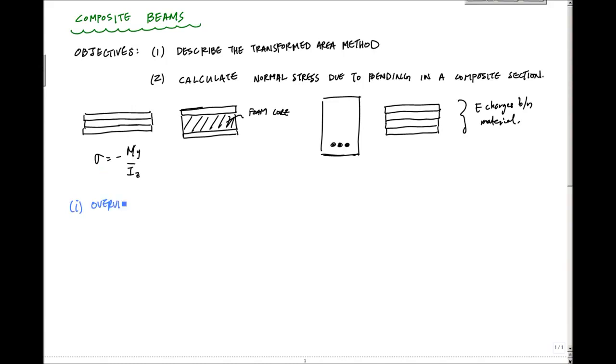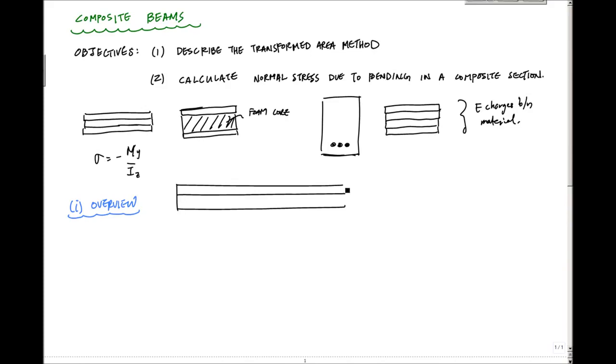Let's take a beam that has two layers. If I looked at the length of the beam, I'll just draw a beam here, and it's got two layers of material. I don't know exactly where it divides unless I design it, but it's got two materials, material 1 and material 2, simply supported.